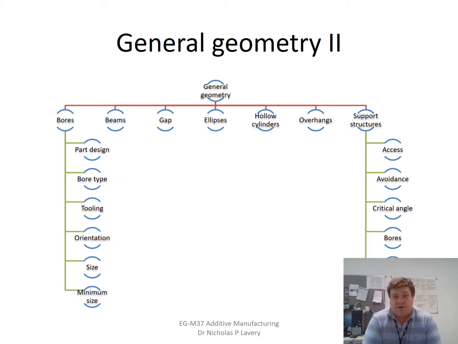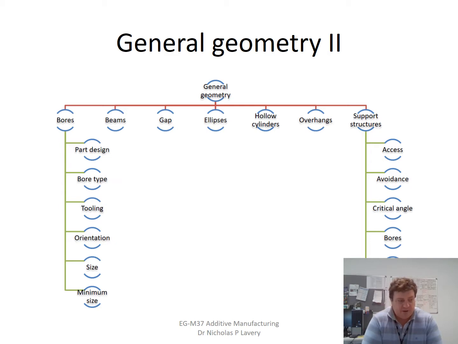So more things to consider in terms of the geometry, bores, how they can be built into the part design, beams, the gaps. There is a minimum gap, and we'll see some of the examples later on, but in general, you will not be able to achieve any significant beam gap resolution which is less than 3 times or 4 times the beam diameter.